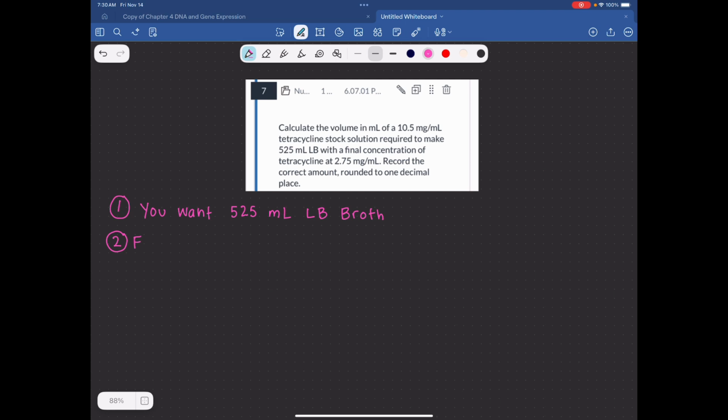The final tetracycline solution, let's write that out, should be 2.75 milligrams per milliliter.